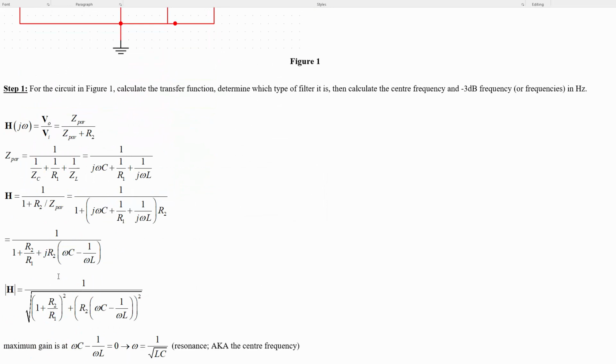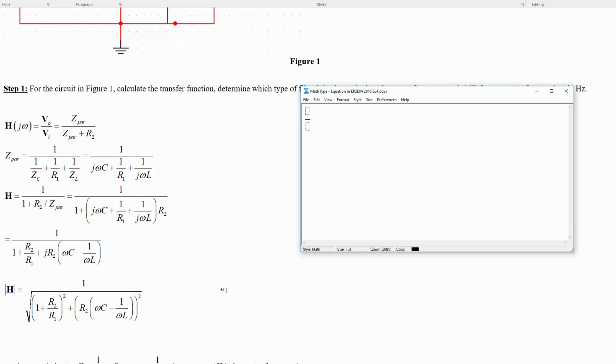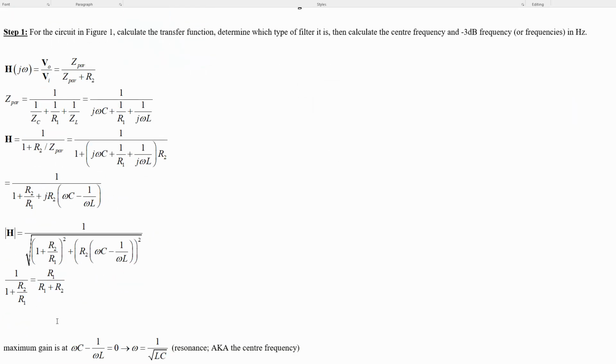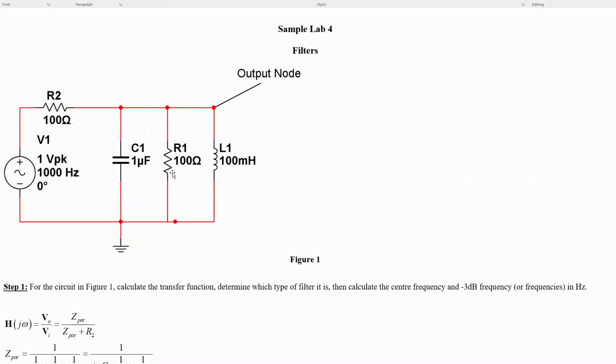So that's where we have 1 over 1 plus R2 over R1, which, note, is actually a rearrangement of the common voltage divider formula: R1 over R1 plus R2, exactly the same output that we would get if L1 and C1 in parallel were canceling, which is what they'll do at resonance.